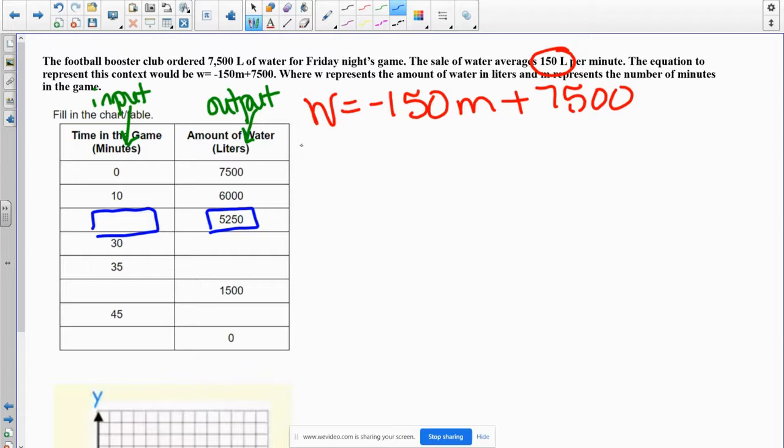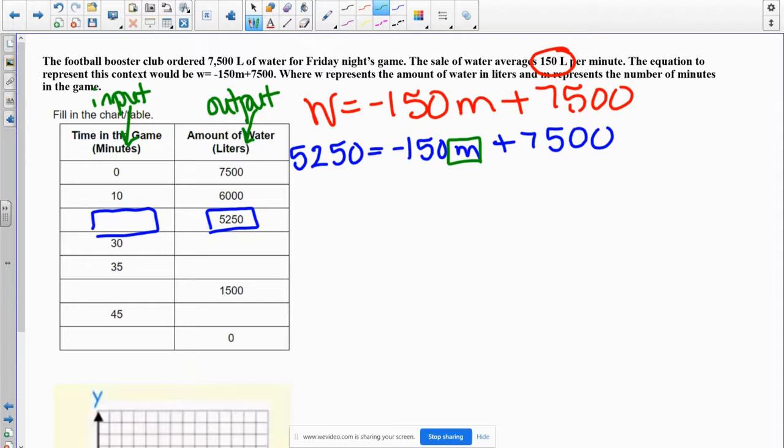So I know how much water, 5,250. It's going to go down at that 150 liters per minute. We don't know how many minutes have passed, but again, we know that we started with 7,500. Now, it's been a while since we've solved algebraically. So reminder, we want the M alone. So we want to figure out how many minutes that takes.